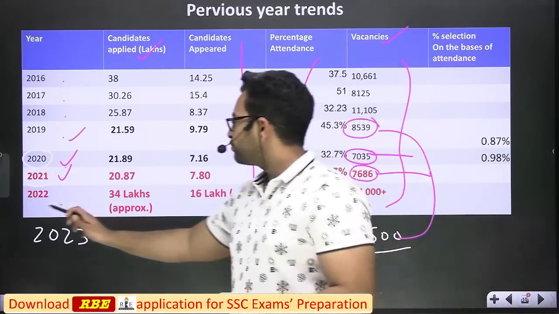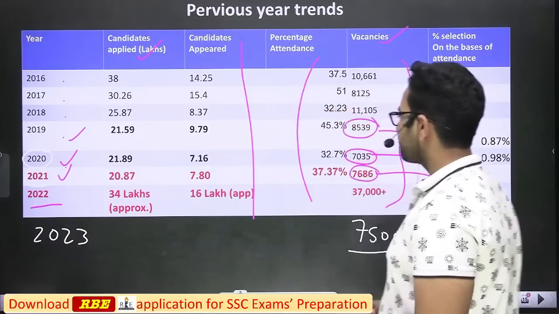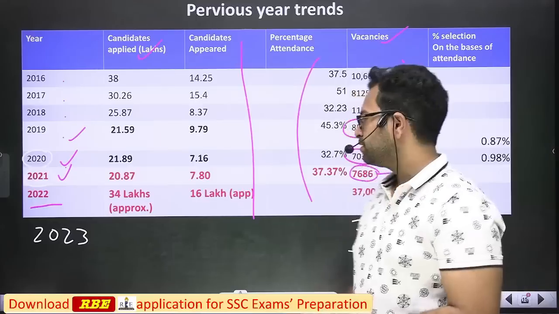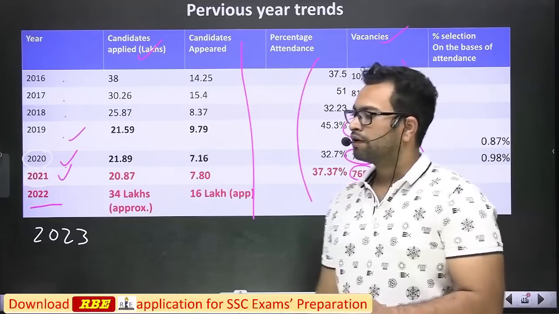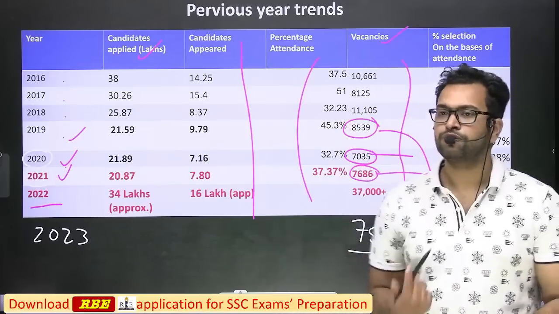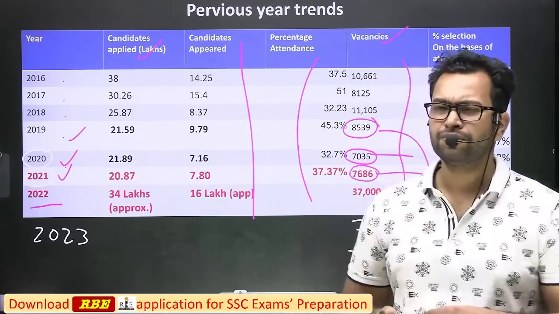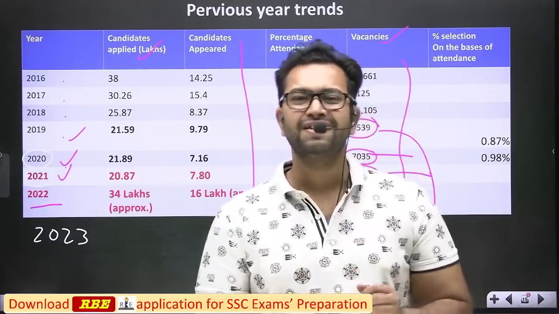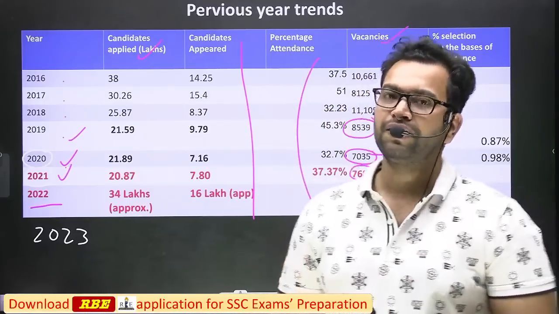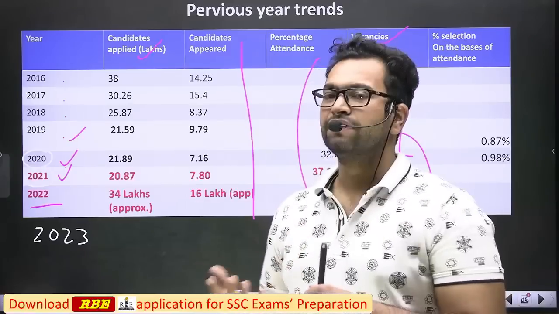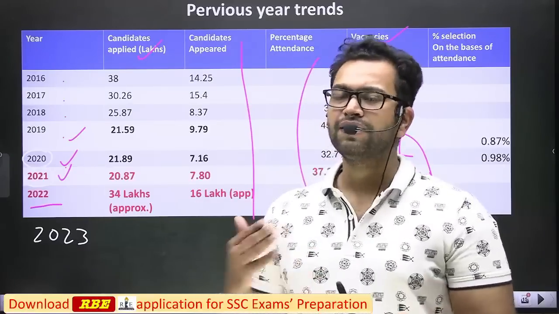If we go for 2022, the tier 2 exam pattern changed in the 2022 examination. So for reference, you can use 2022 papers, but according to me the 2022 mains examination paper was very easy. Okay, this time the level will definitely increase because vacancies are less, and aspirants already know the exam pattern, so SSC can increase the level.